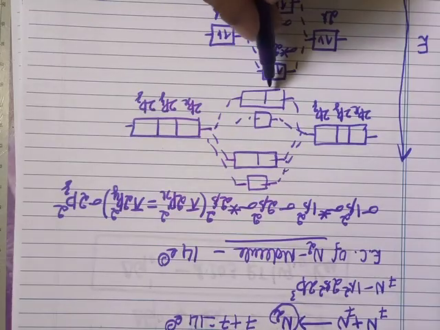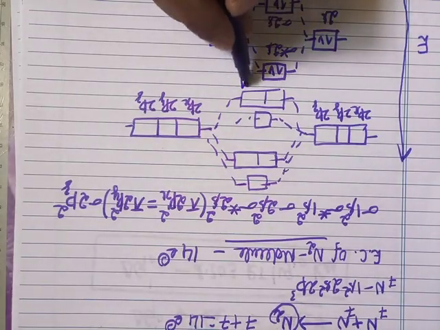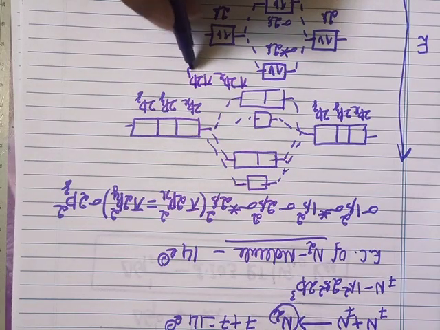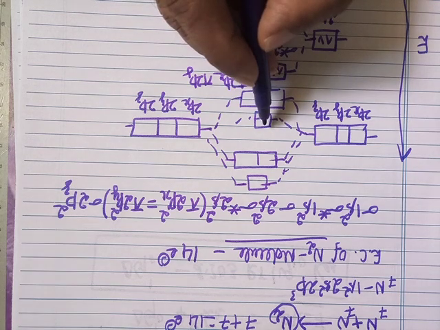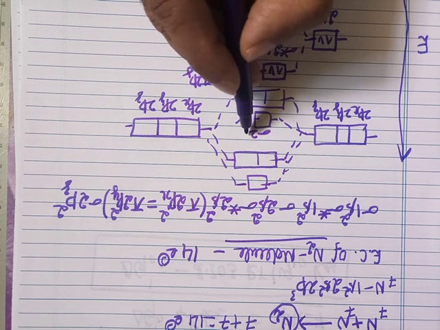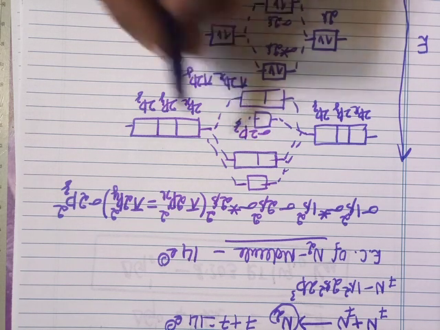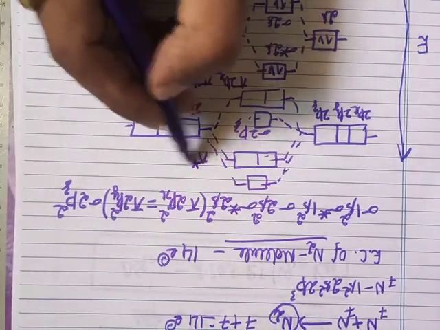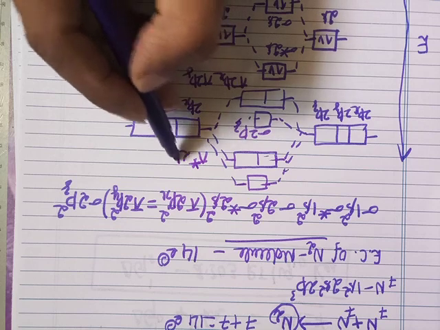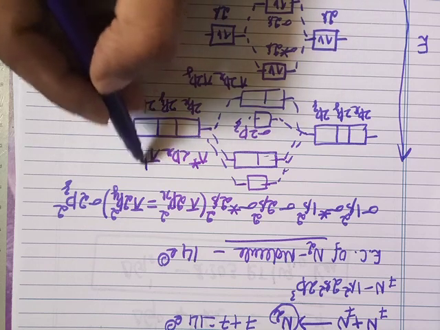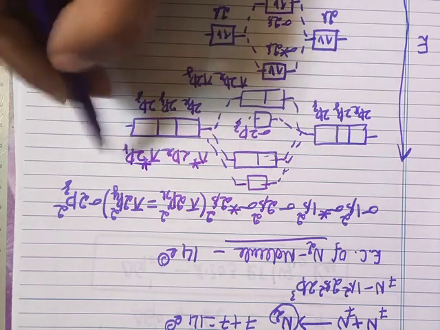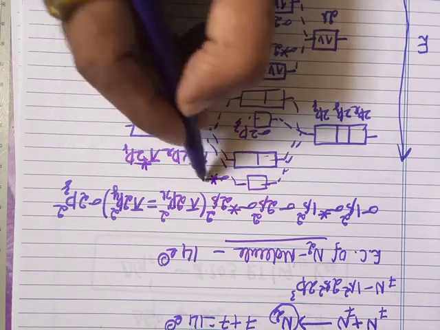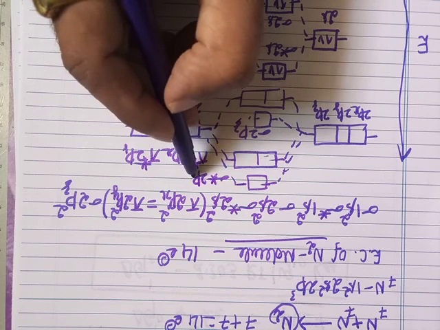These two are pi 2px and pi 2py, this is sigma 2pz, these two are pi star 2px and pi star 2py, and this orbital is sigma star 2pz.